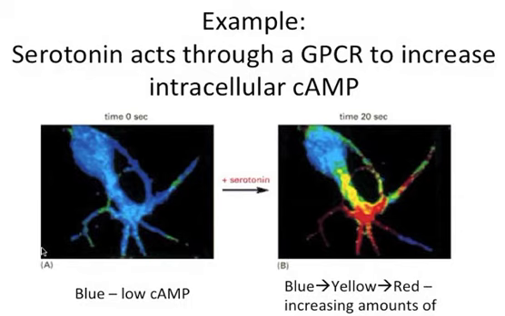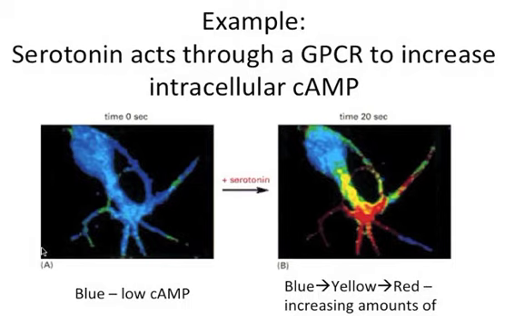with cyclic AMP. So serotonin, neurotransmitter, acts through GPCR to increase intracellular cyclic AMP. Let's turn off the light. Okay, so this is a cell. What kind of cell do you think that is? What does it look like?